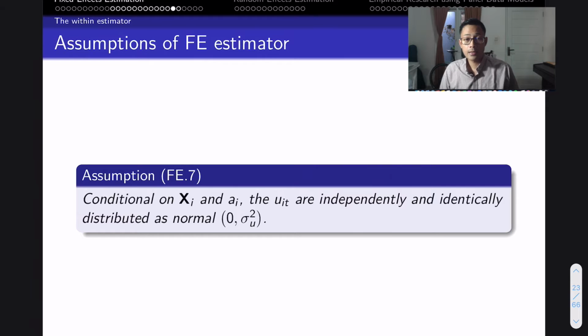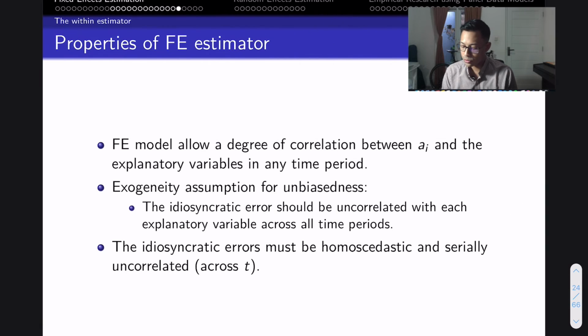So let's discuss some properties of the fixed effect estimator. The fixed effect model allows a degree of correlation between a_i and the explanatory variables in any time period. Now, the exogeneity assumption for unbiasedness is the following. The idiosyncratic error should be uncorrelated with each explanatory variable across all time periods. And the idiosyncratic errors must be homoscedastic and serially uncorrelated across t.